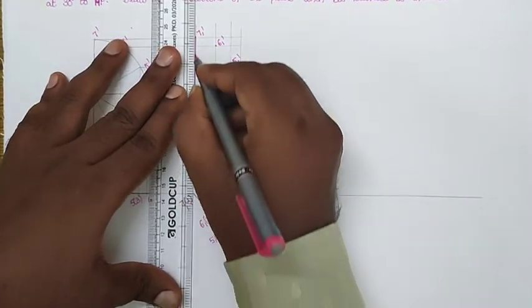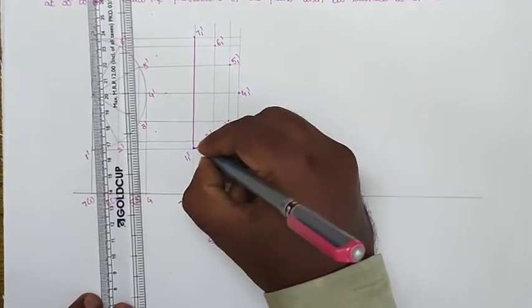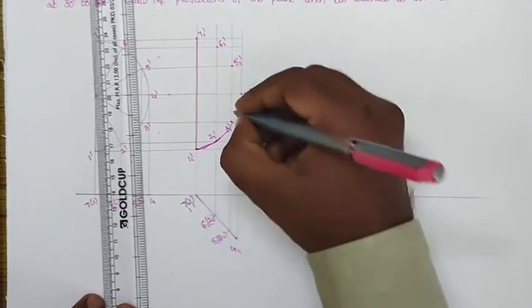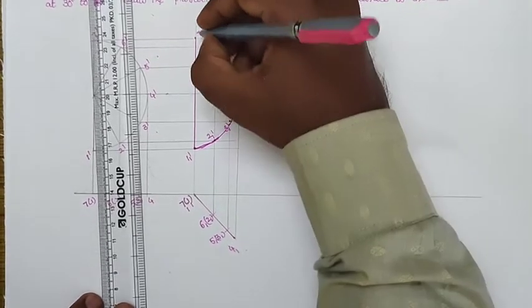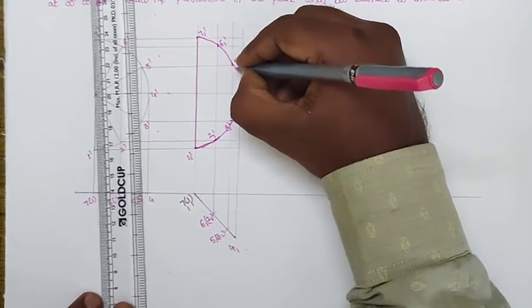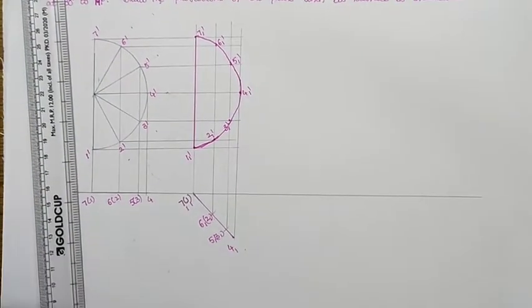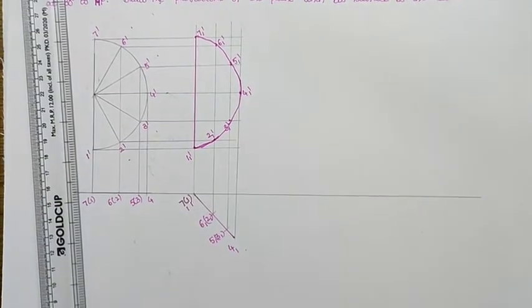Joining all the points freehand, this is our second front view of our diagram.